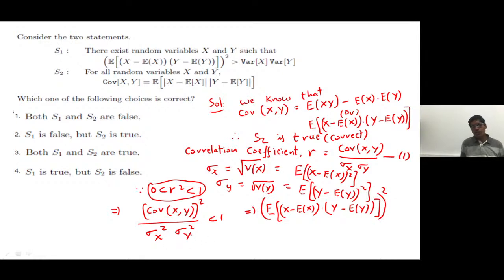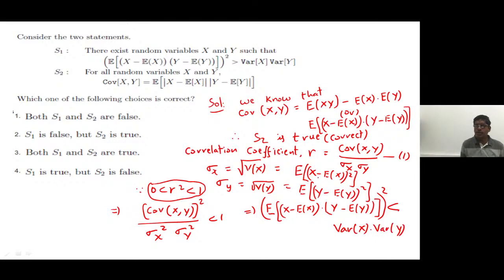Variance is always a positive quantity, so the denominator is positive. Shifting it to the right side, the inequality remains the same, less than stays less than. So it is less than sigma square x, that is V of x, where V stands for variance, variance of x multiplied by variance of y.